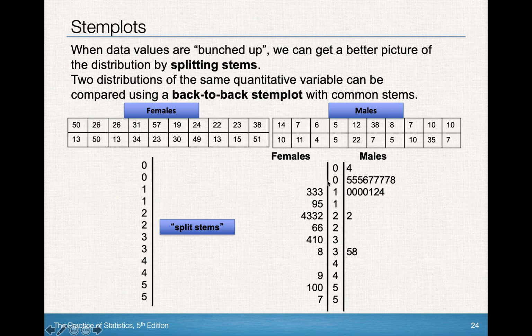And then we can compare those two distributions on a back-to-back stem and leaf plot. And again, my key is in context of the problem. So we split our stems. We created a back-to-back stem and leaf plot to compare distributions.